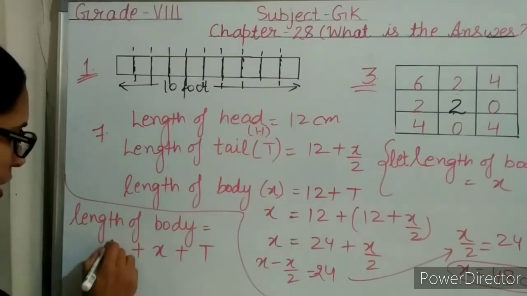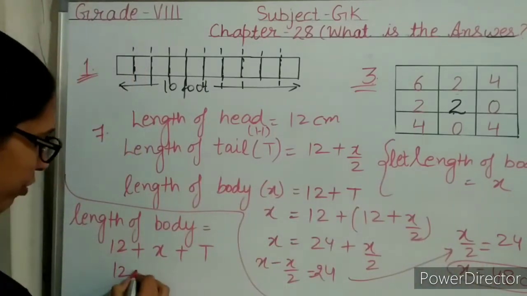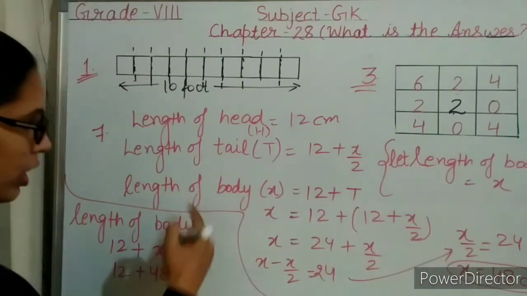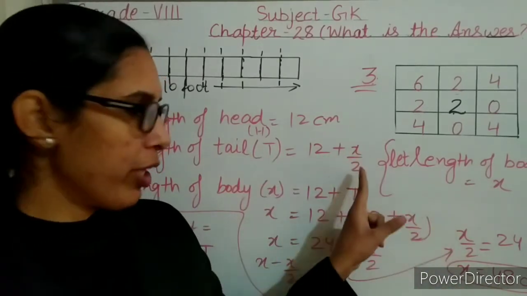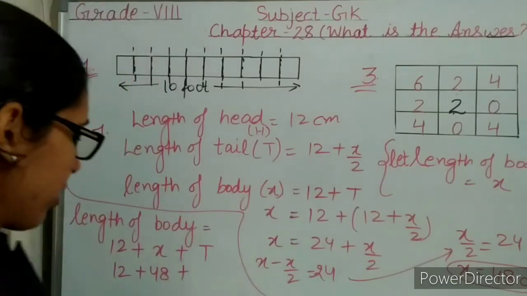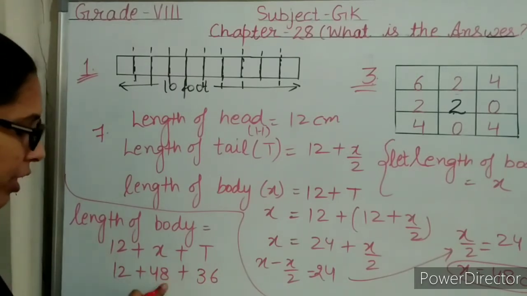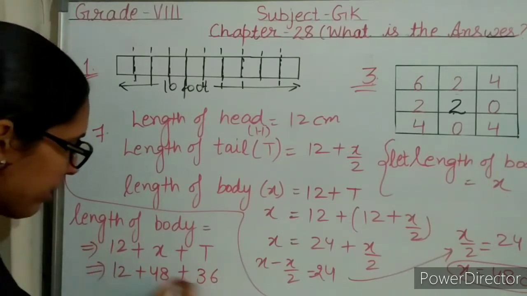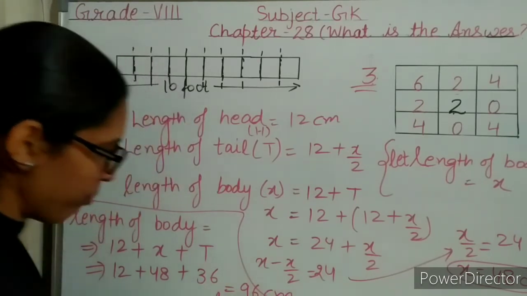So here I can write 12, x is equal to 48. So 12 plus 48 plus tail, which is 12 plus x by 2. If I do here 48 by 2, it will be 24. 24 plus 12, it will be 36. 36 plus 12 will be 48. 48 plus 48, it will be 96. So the answer will be 96 centimeters.